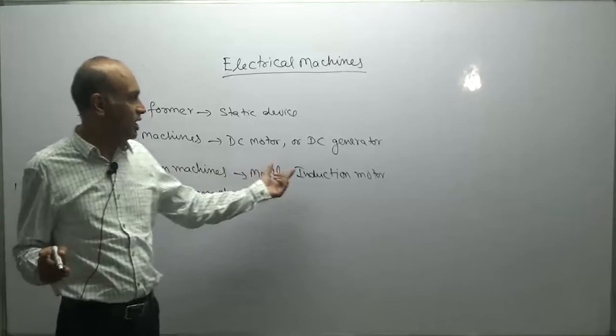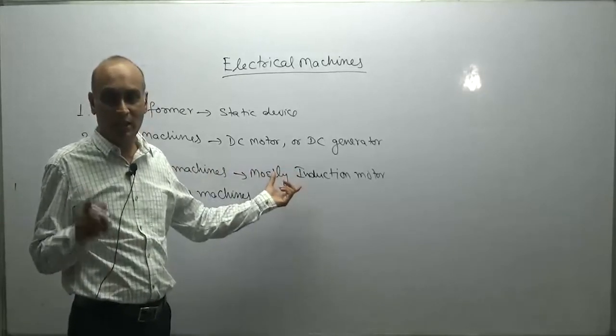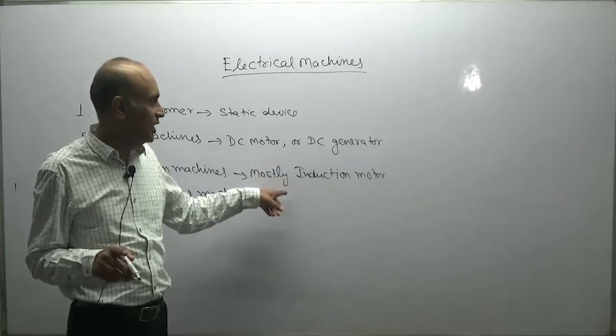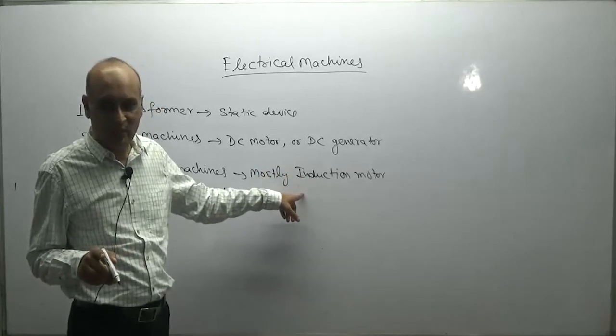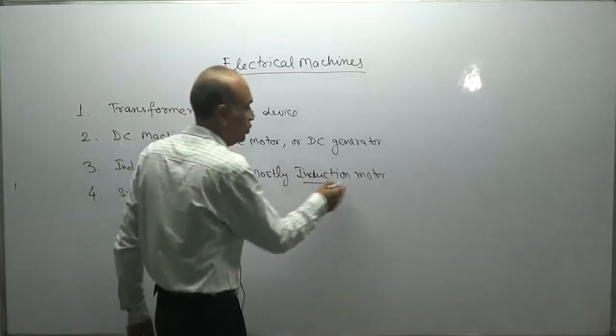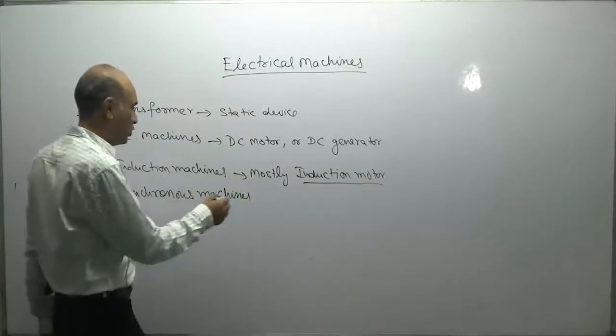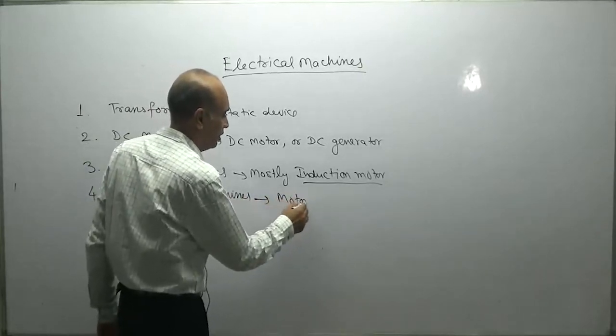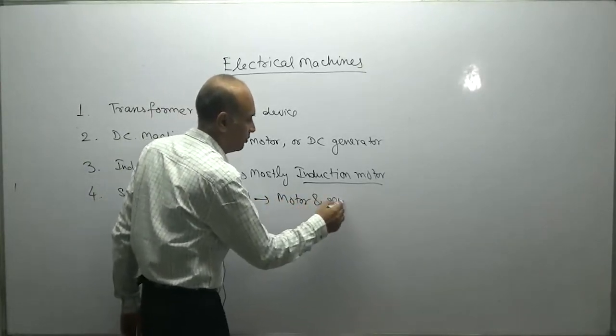Normally, induction motor is the machine which is widely used in residential areas as well as industrial areas. So, induction motor is the most widely used motor. Synchronous machine also can be categorized as motor and generator.